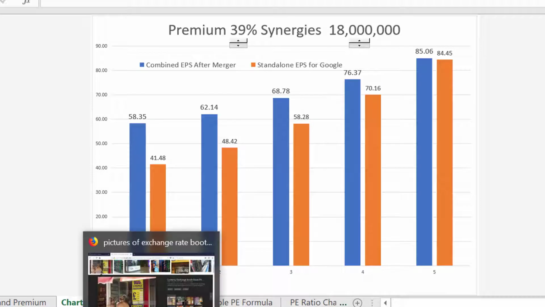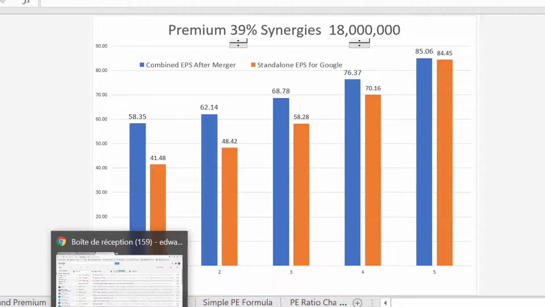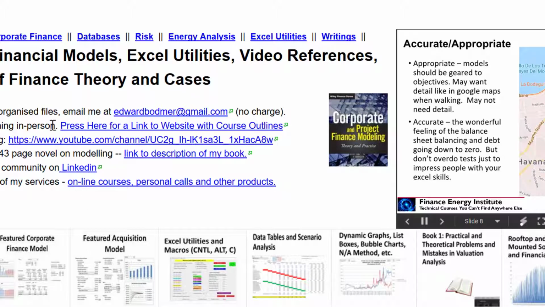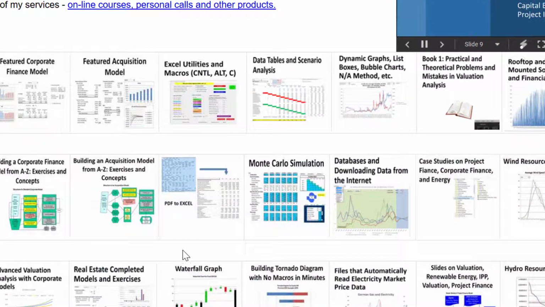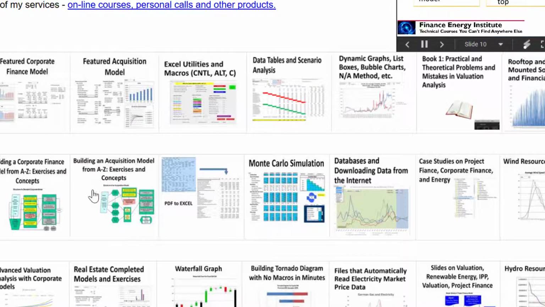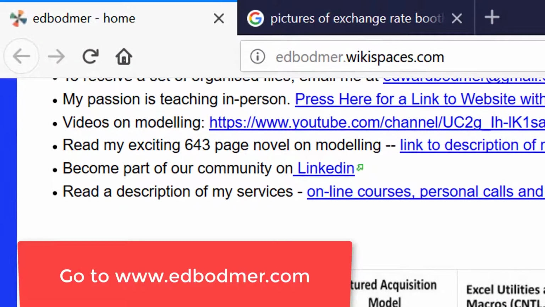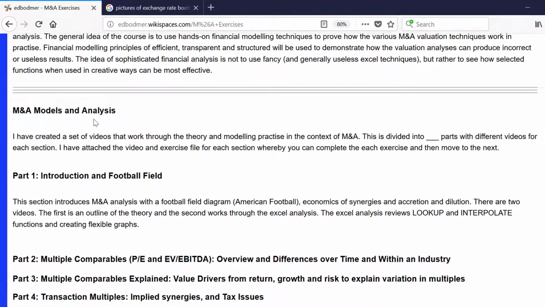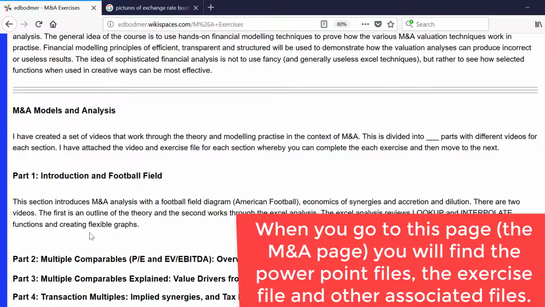And I'm trying to improve this page, building an acquisition model from A to Z. I'm not quite finished, but I'm going to try to get it in a very organized way where we're going to put the acquisition modeling file here, and here's the football field, and then we'll have some technical exercises that go along with that.